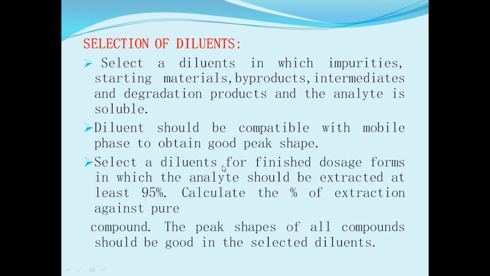Select diluents for finished dosage forms in which the analyte can be extracted at least 95%. Calculate the percentage of extraction against pure compound. The peak shape of all compounds should be good in the selected diluents.